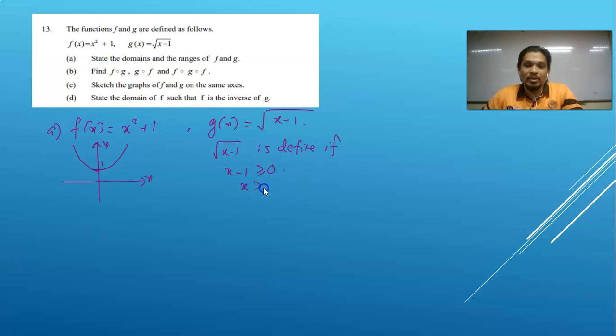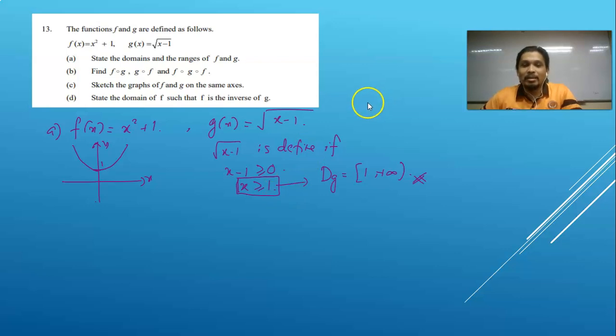So x is greater than or equal to 1. Class, once you get this, automatically it tells us that the domain of the g function is from 1 to positive infinity. Automatically, this is the domain of the function.